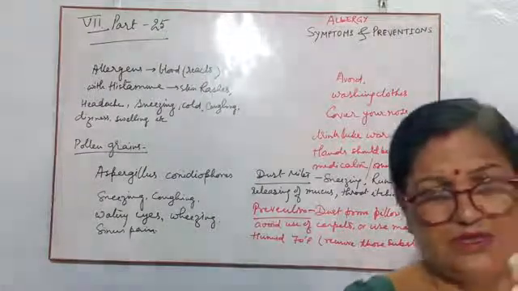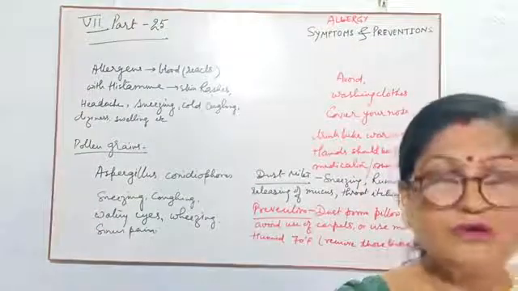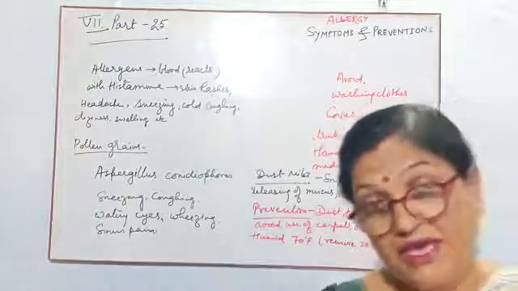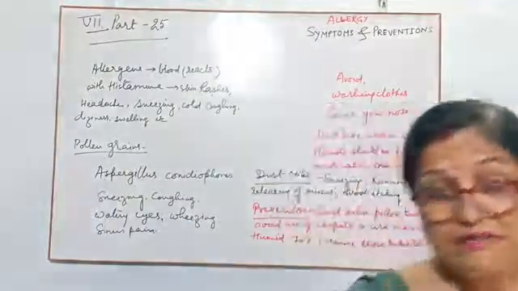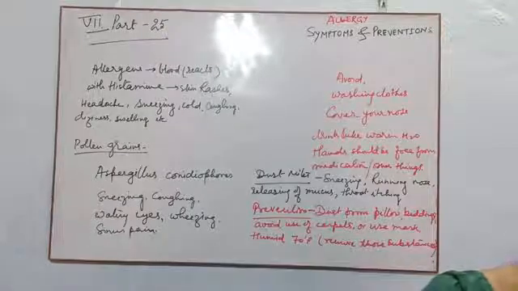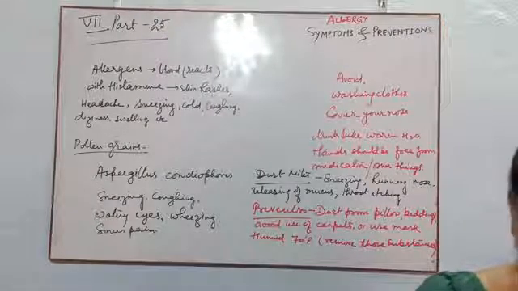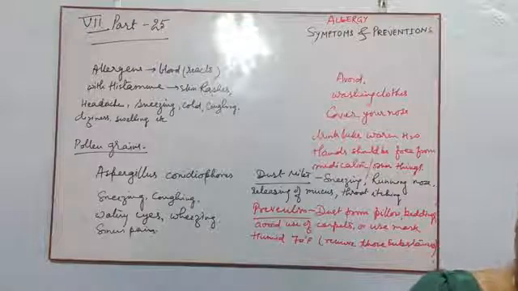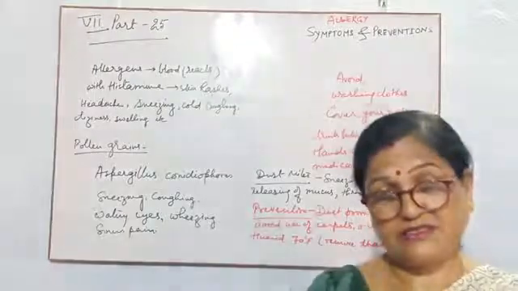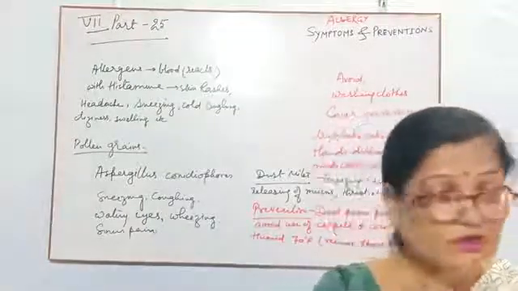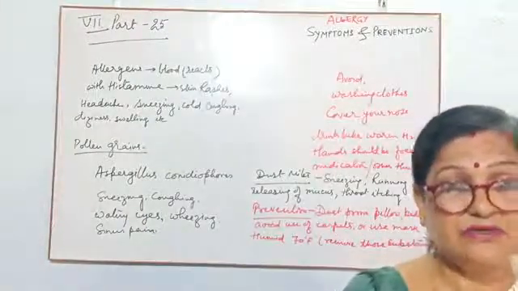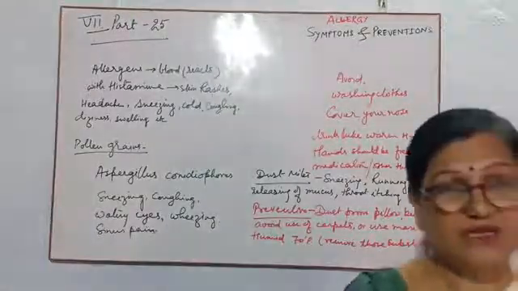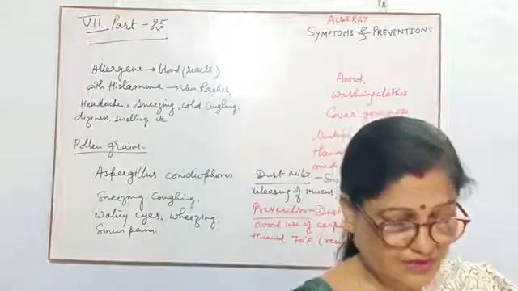Next one, dust mite. I think all of you know mite means a small insect which may or may not be seen by our naked eyes. So dust mite is like that mite which we can't see with our naked eyes, yet it is present along with the dust. Just as you can see the termite, which is very easily visible, but dust mite we can't see with our naked eyes.